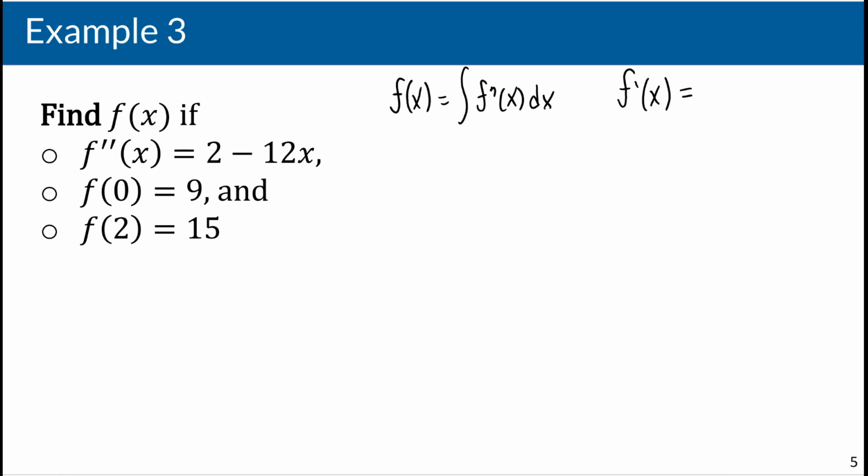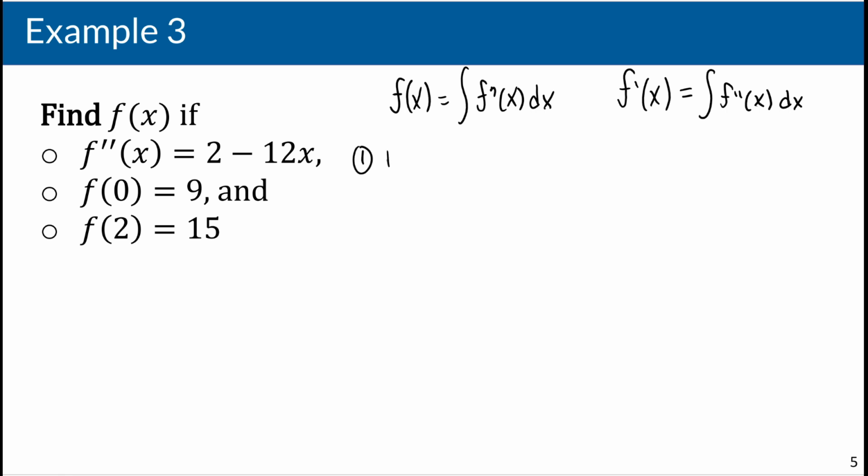And in order to work back to the first derivative, I'll have to do the indefinite integral of the second derivative. So I've crafted this problem so that we will have to find the indefinite integral twice. We're going to have to work backwards through our differentiation rules two times to get back to the original function f of x. So let's take a look at what that looks like.